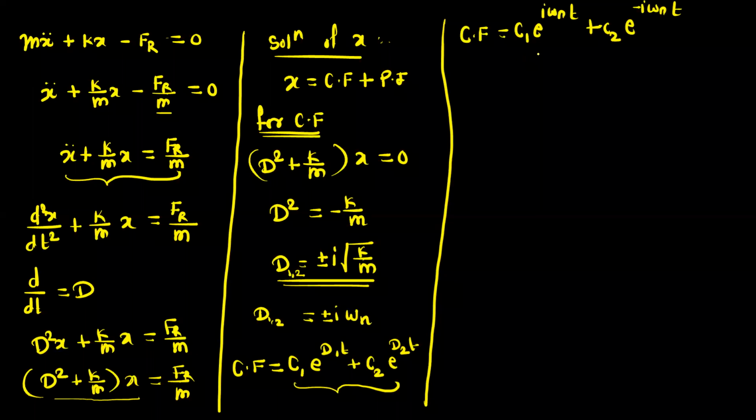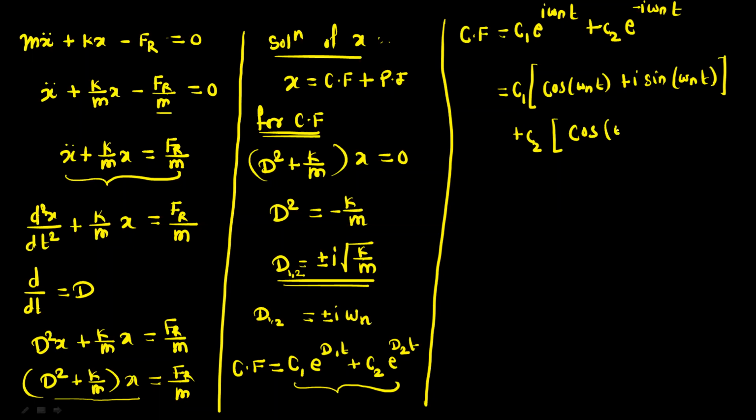So expand this value e raised to i theta. You will get the equation c1 into cos omega n t plus i sin omega n t, plus c2 into cos omega n t minus i sin omega n t.